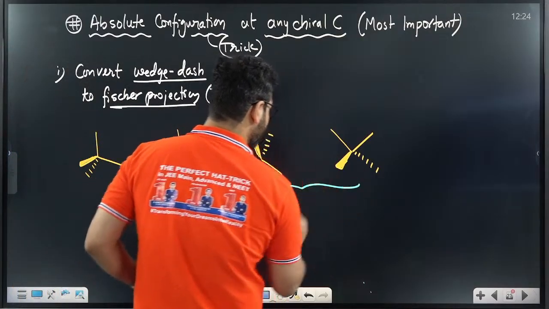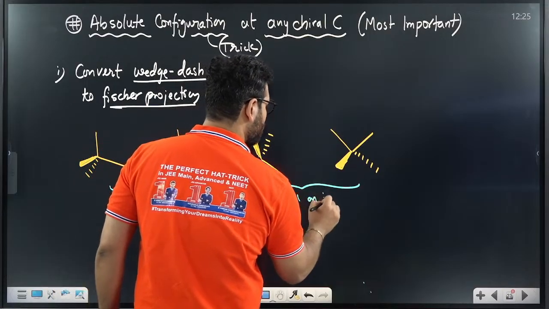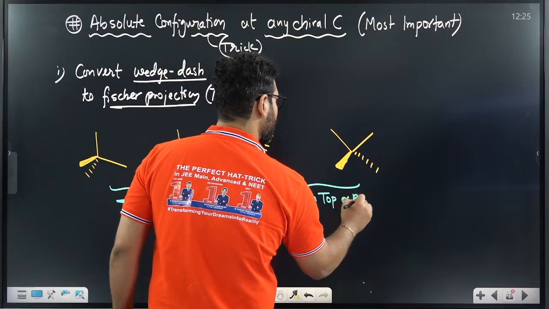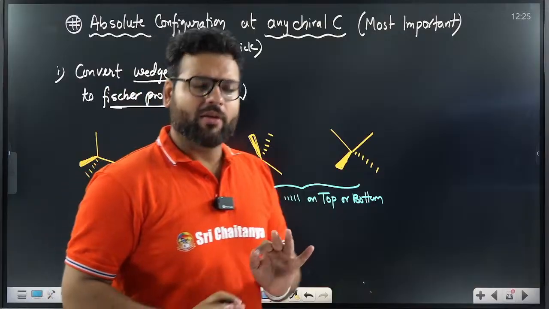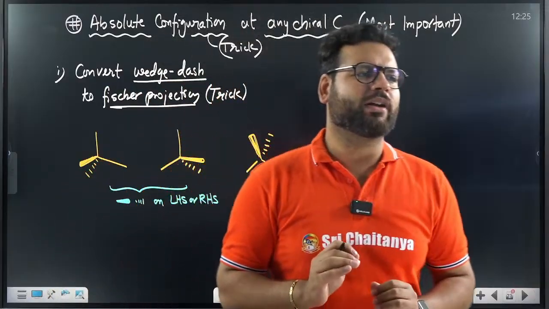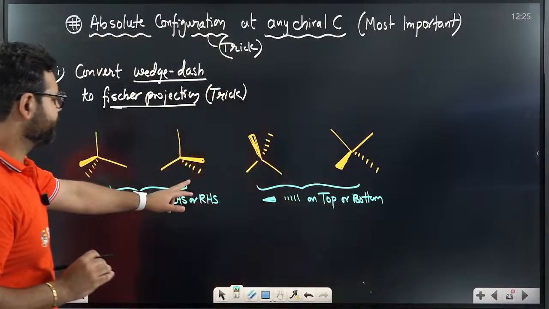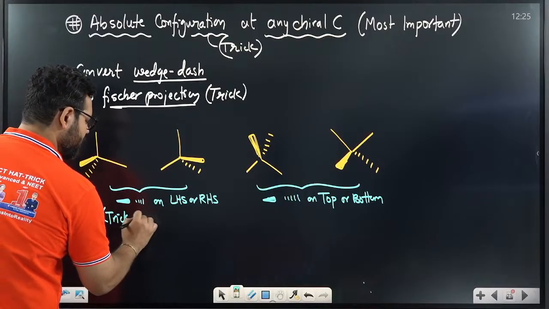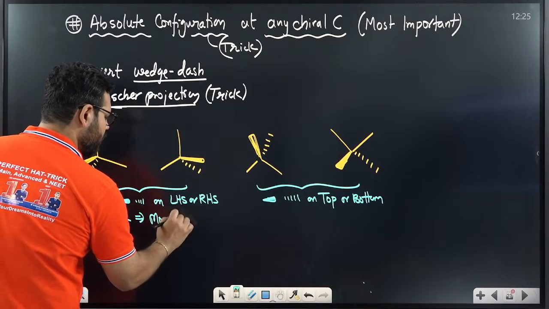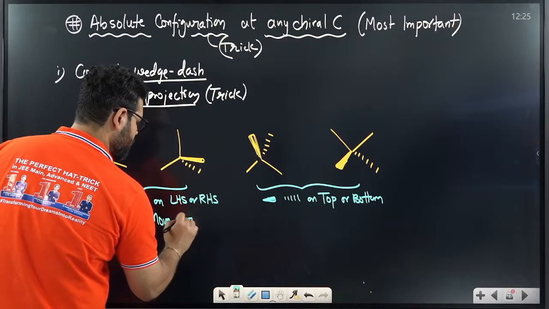This is the second way, where they'll give wedge and dash on top or bottom. Simple trick I'll tell you. Whenever wedge and dash are given on the left hand side or right hand side, then the trick is: move the wedge bond.